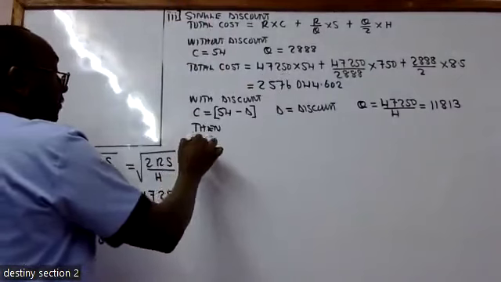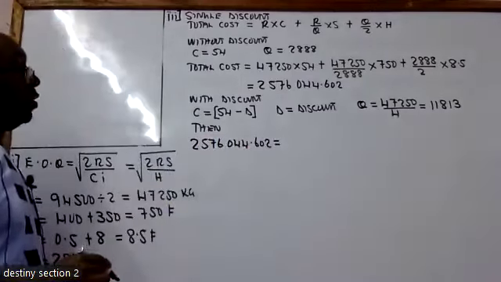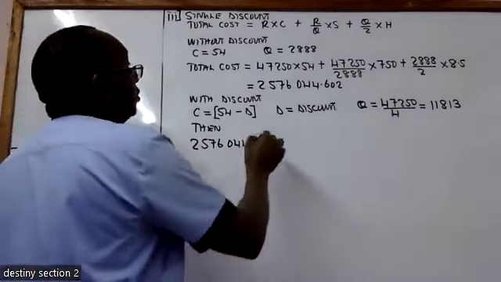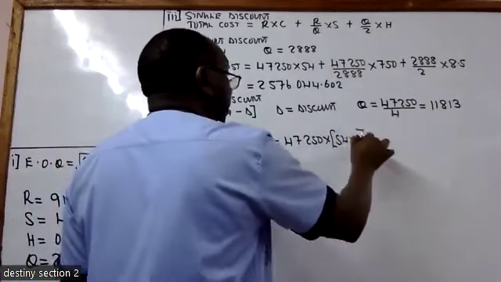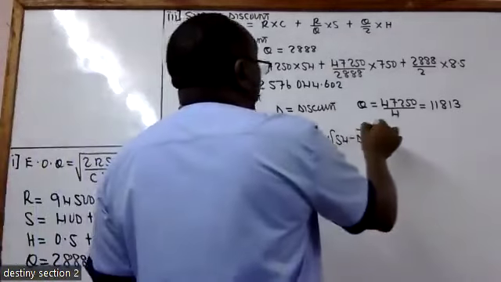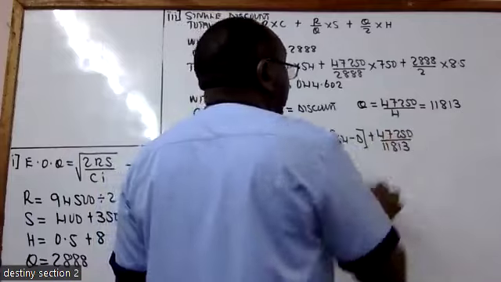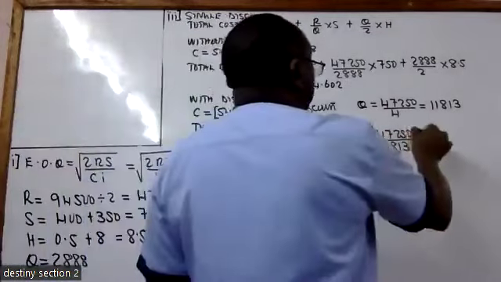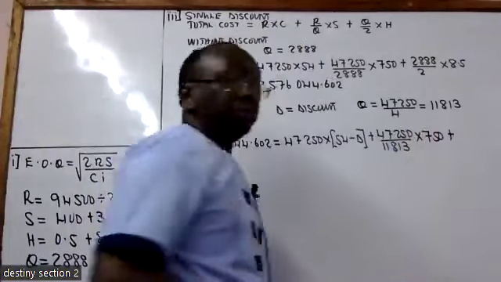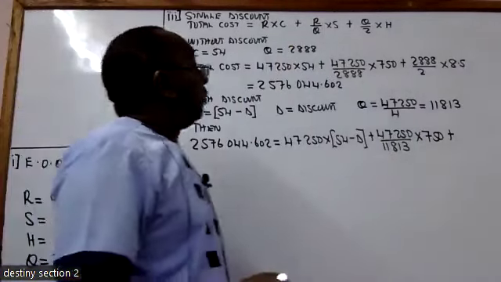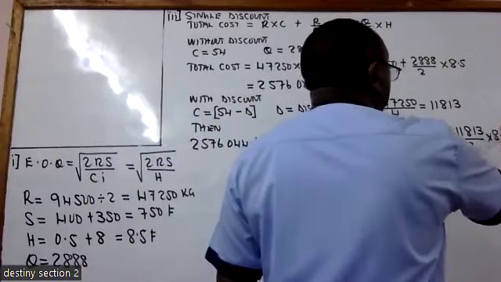So we are going to say 2,576,044.602 should be equal to 47,250 multiplied by 54 minus D, plus 47,250 divided by 11,813, times the ordering cost, which is 750, plus 11,813 out of 2 times 8.5.